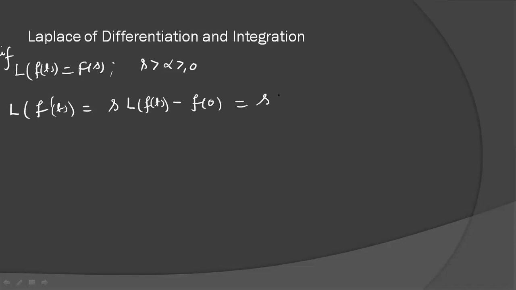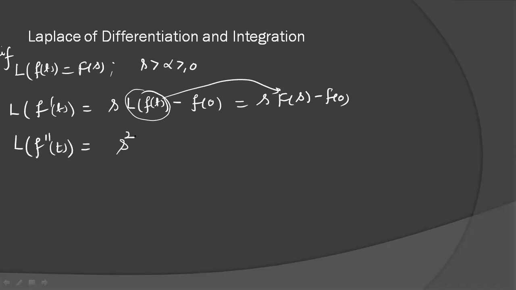Or you can write s into F(s) minus f(0), because I am assuming the Laplace of f(t) as capital F(s). If it's the second derivative, then the formula is s square Laplace of f(t) minus s into f(0) minus f dash 0.